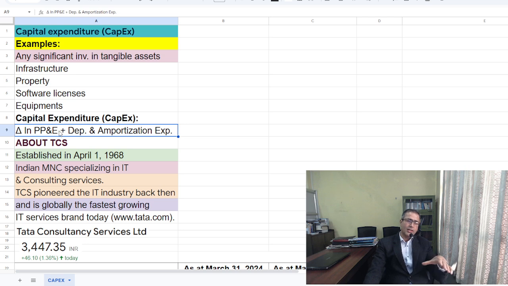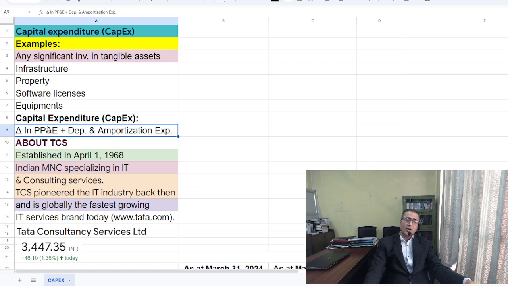In the context of Nepal, Nepal Accounting Standard 06 explains property, plant and equipment, and I believe that you could take the reference of that one. But anyway, today's discussion would be how we could estimate the capital expenditure part, for which I am taking the reference of Tata Consultancy Services here.